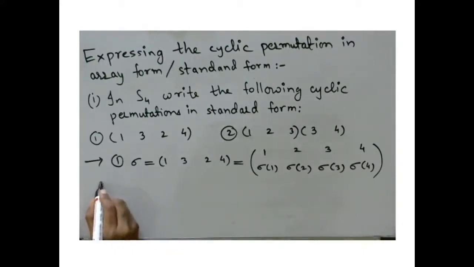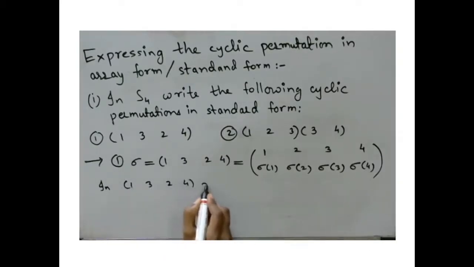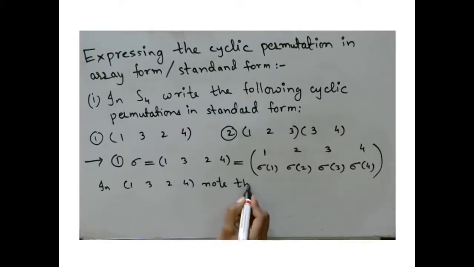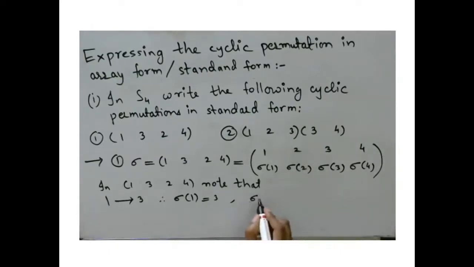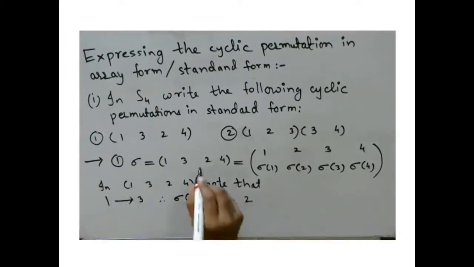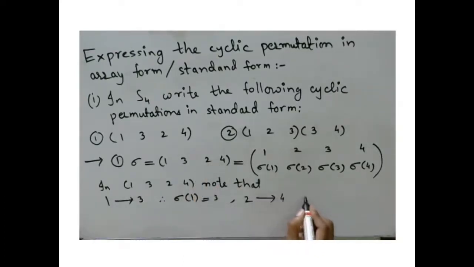So how to do this? In this cycle (1, 3, 2, 4), note that 1 maps to 3. So this means sigma of 1 is 3. Then to find the image of 2, you observe that 2 maps to 4. Therefore sigma of 2 is 4. Then 3 maps to 2.